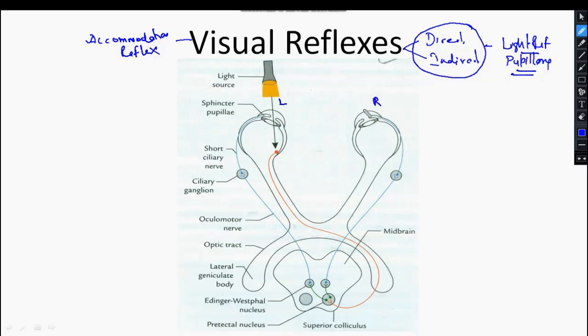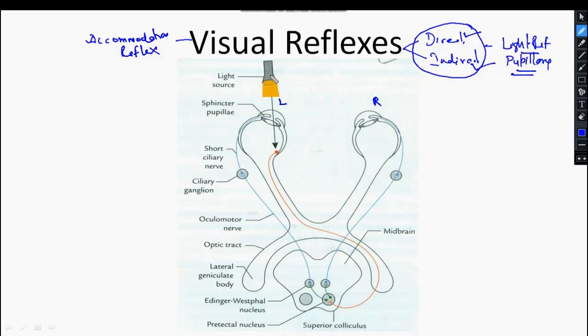So the one where the light is shone directly is known as the direct light reflex, and the one on the other side is known as the indirect light reflex.